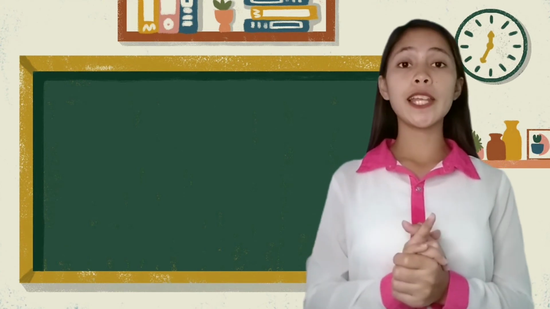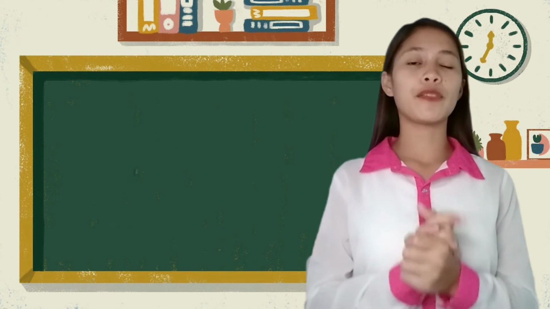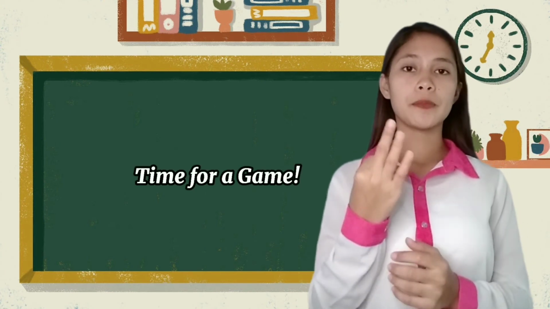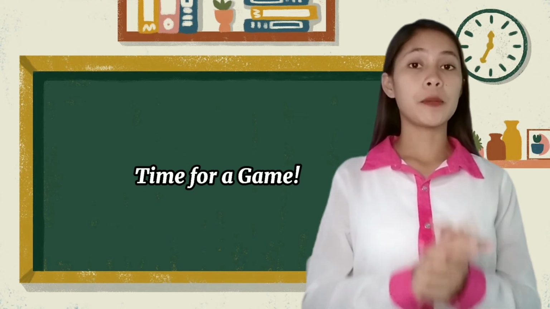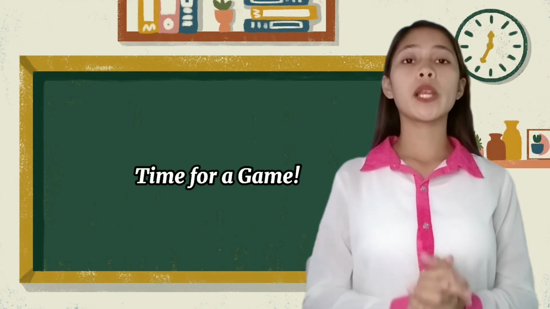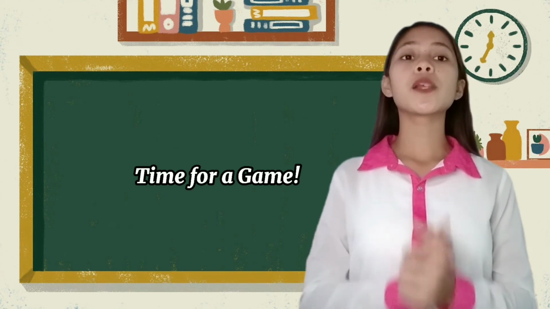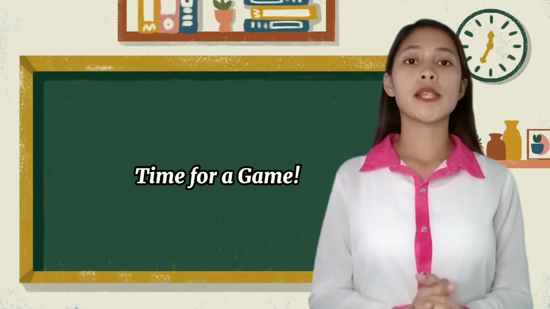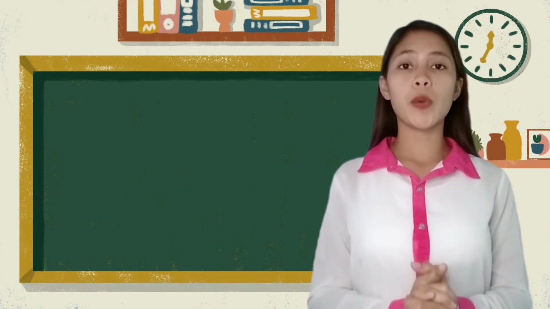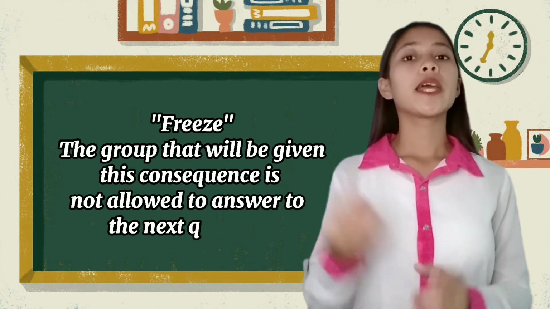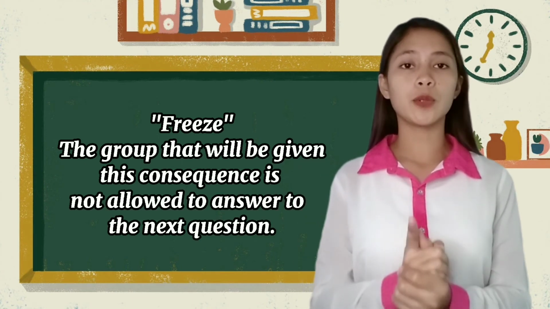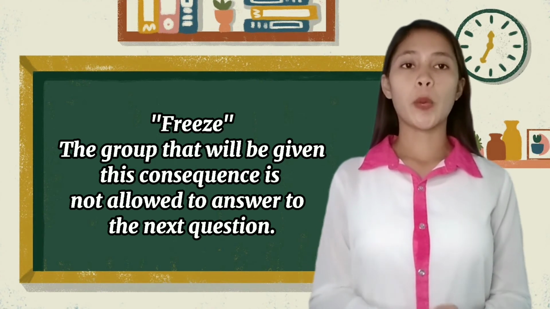To test if you really understood our topic, let's have an activity. The class will be divided into 3 groups. All groups will be asked simultaneously about our lesson, and the first group who will get the correct answer has the power to give the consequences to whichever group they want. The first consequence is freeze, meaning that the group given this consequence is not allowed to answer the next question.